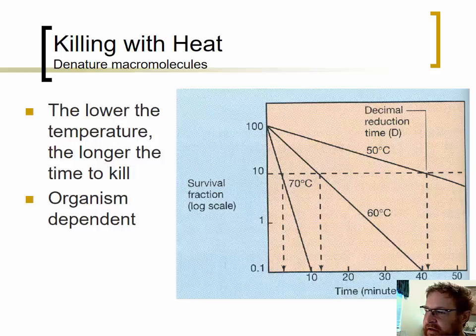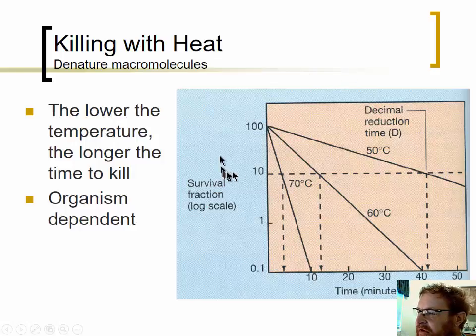As you look at the graph here, we're looking at the fraction of survival, and so we're starting off at 100% survival, and then at 3 different temperatures we're looking at how long it takes to kill 10% of them. 10% is decimal reduction time. So to go from 100% of the cells to 10% of the cells would be a decimal reduction time of 1.